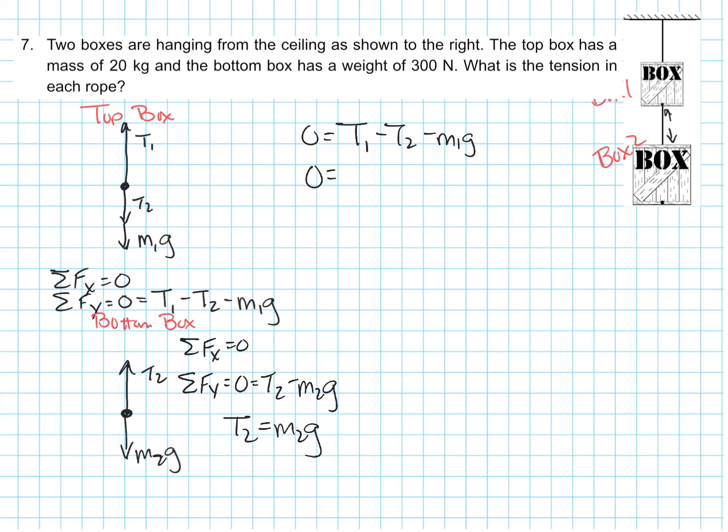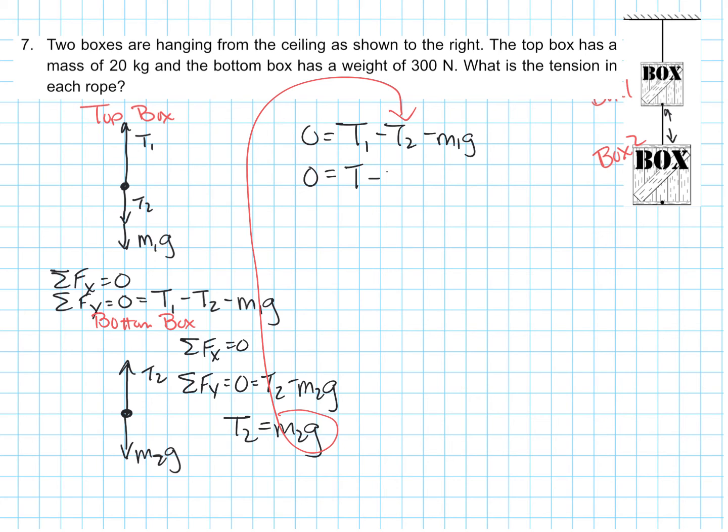Let's see, there are a couple of things I can do here. Let's isolate T1. No, let's not do that. Let's just stick with this. So 0 is equal to T1 minus, and here I'm going to take what I said T2 is equal to and put it in for T2.